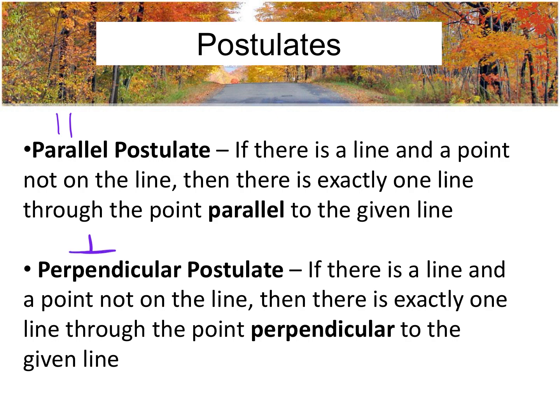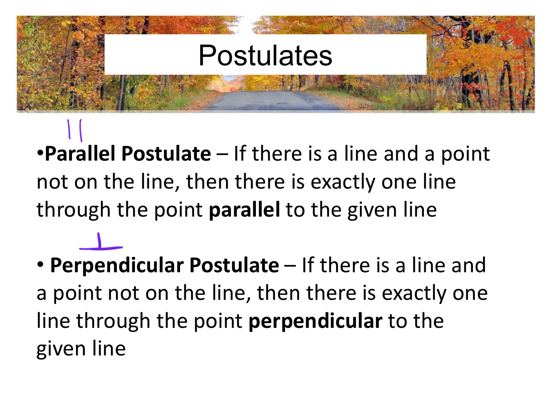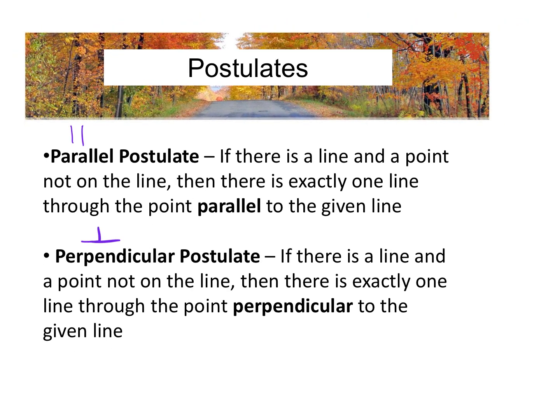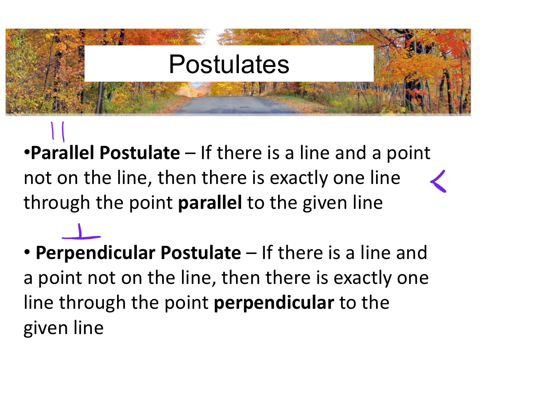So if I were to draw what I'm reading in the parallel postulate, it says if there is a line, so I'll draw my purple line, and a point not on the line, then there is exactly one line that I could draw through that point that would be parallel to the original purple one.